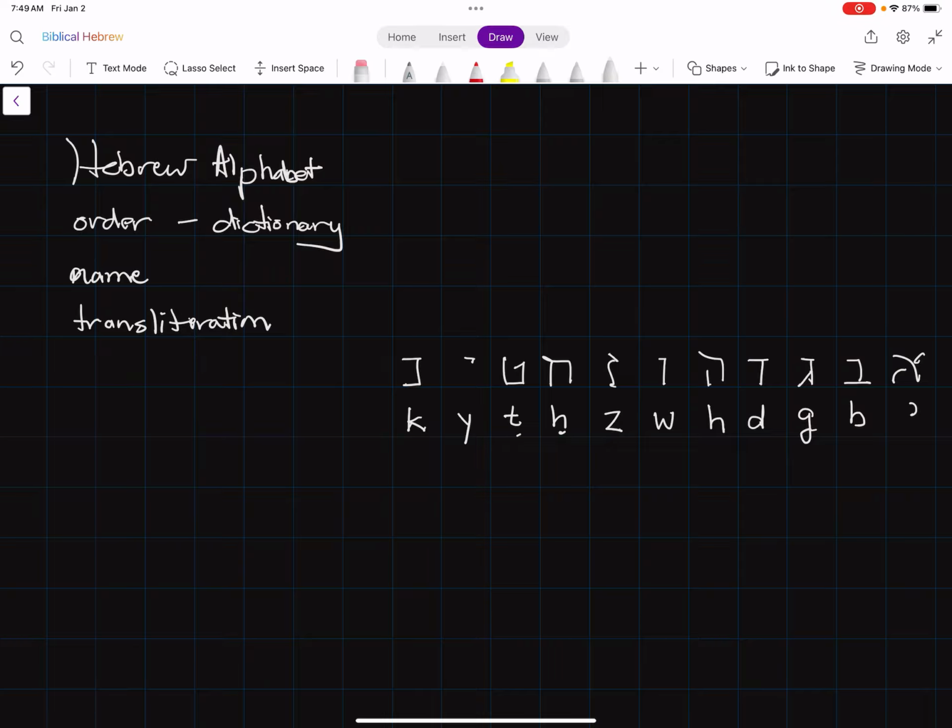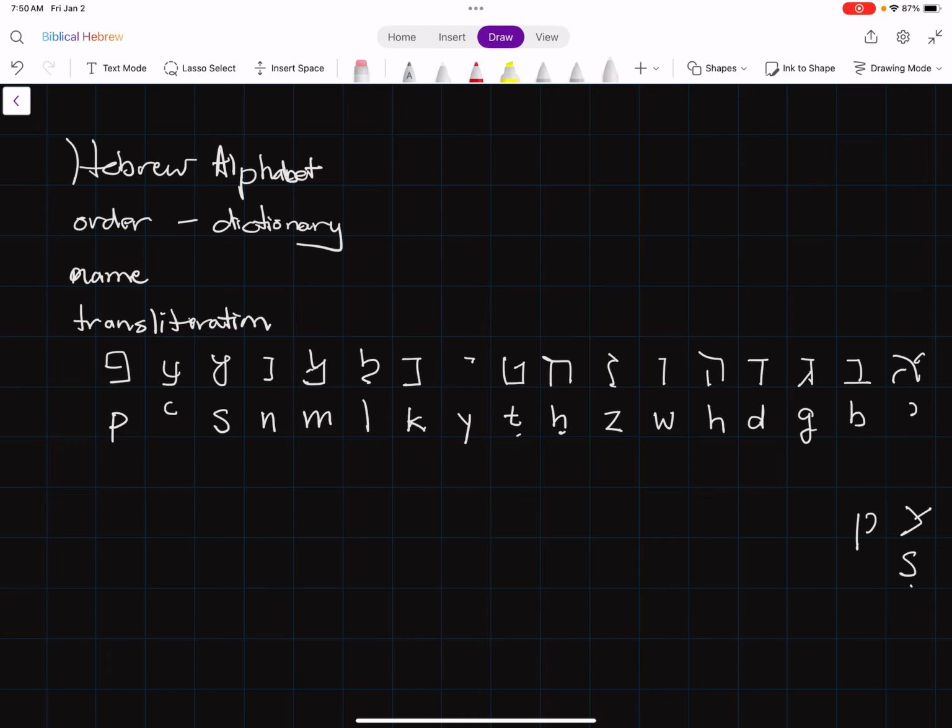Kaf is K. Lamed is L. Mem is M. Nun is N. Samek is S. Ein is a backward apostrophe. Pei is a P. Sade is an S with a dot underneath it.